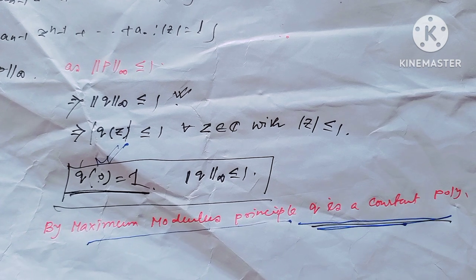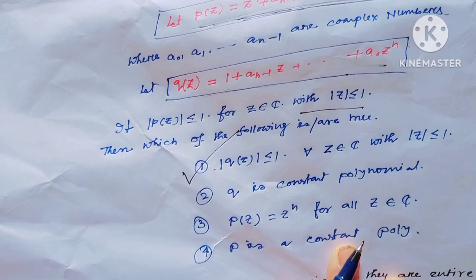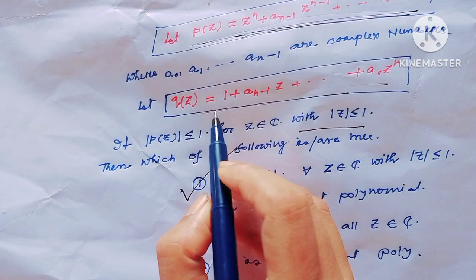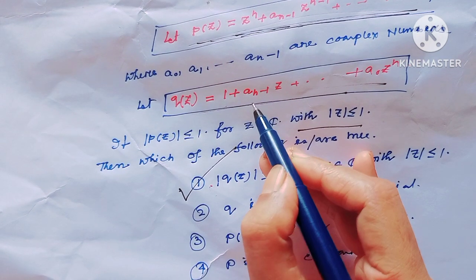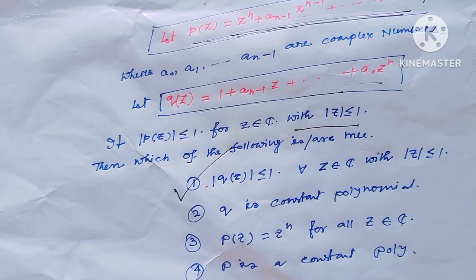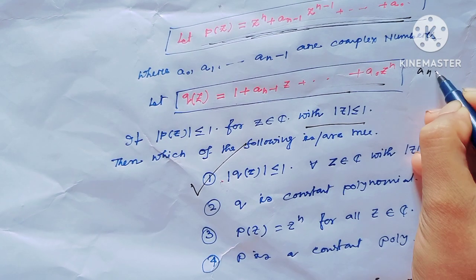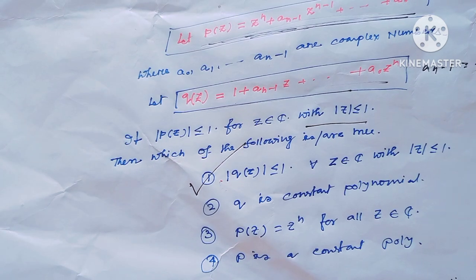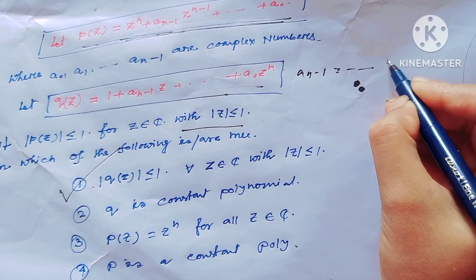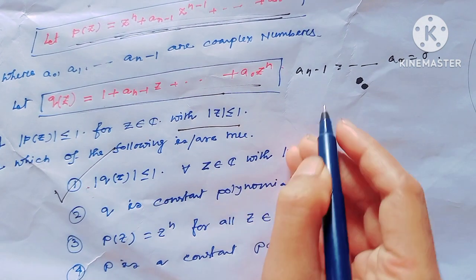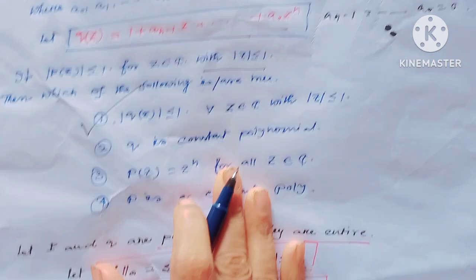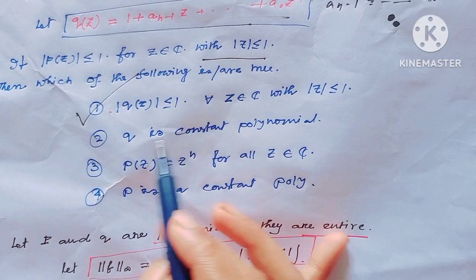So, since the only value of Q(z) is 1, all coefficients a_{n-1} up to a_0 will be 0. So notice, the option that Q(z) is a constant polynomial is right.